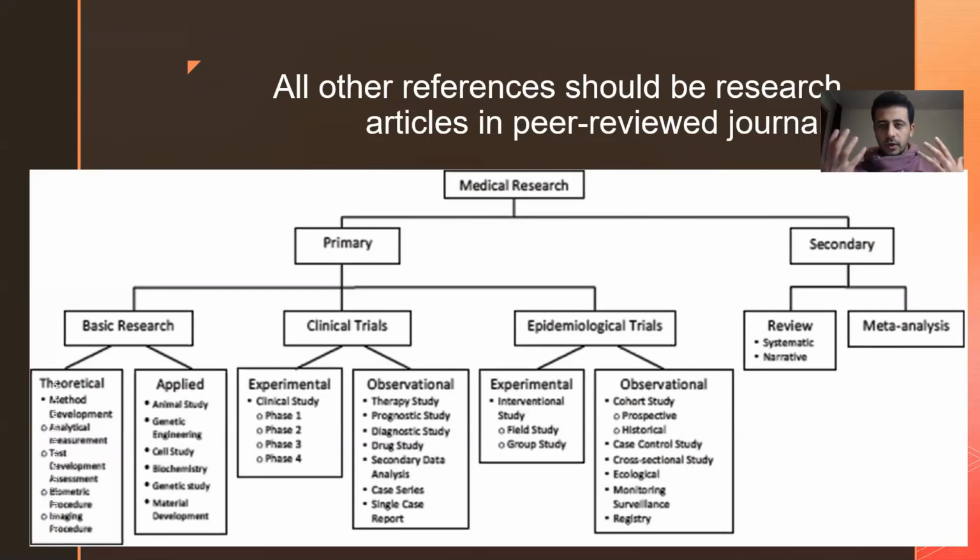So we have secondary articles and primary articles. By primary articles, we mean the basic research reports, the clinical trials, the epidemiological studies, cross-sectional studies, cohort studies, case reports, whatever. By secondary studies, we are talking about literature reviews, systematic reviews.